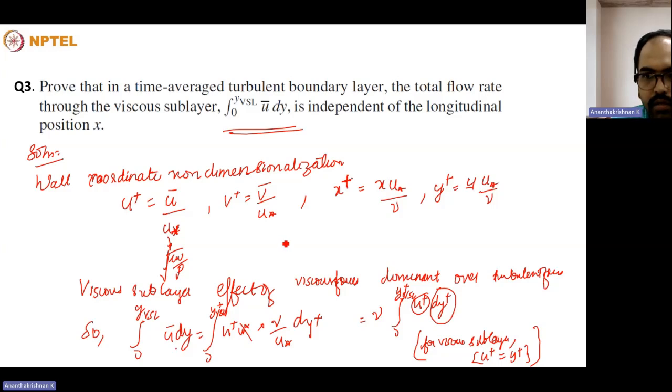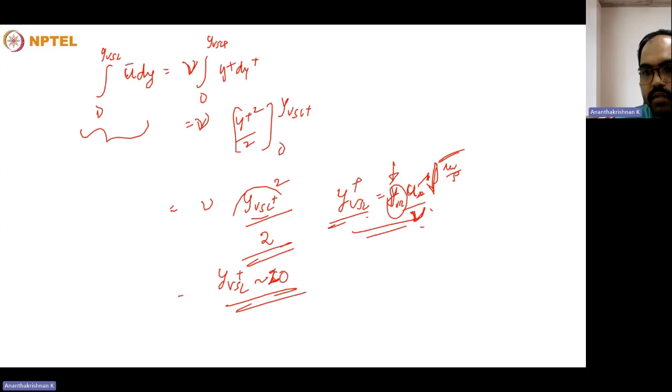So based on a fit, we know that u plus will be a function of y plus. Similarly, u infinity plus will also be a function of y plus.